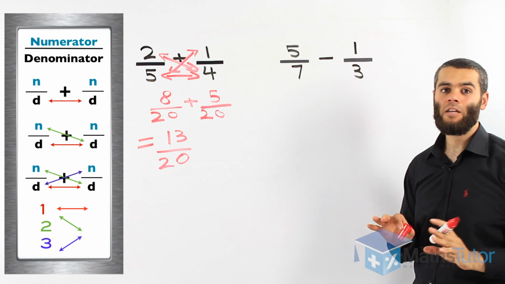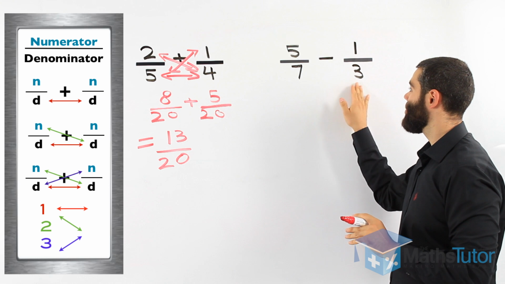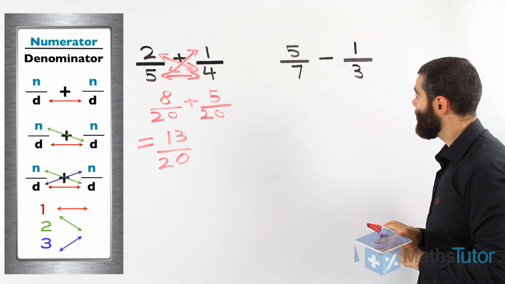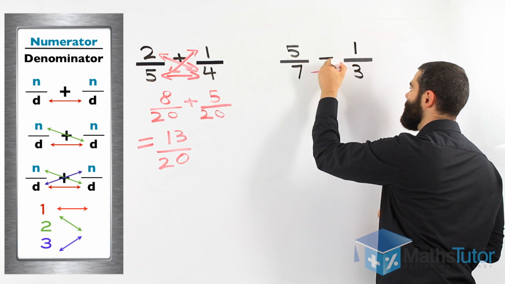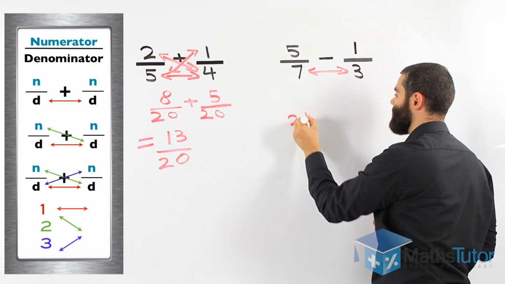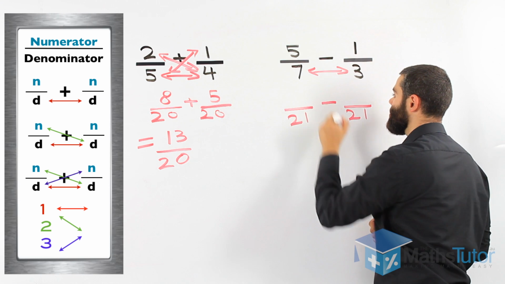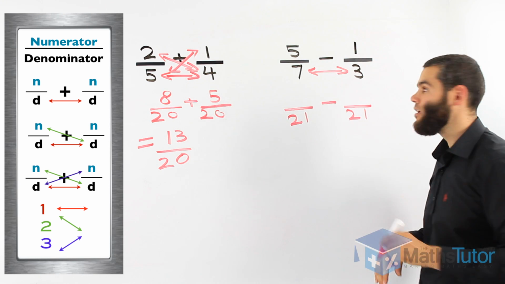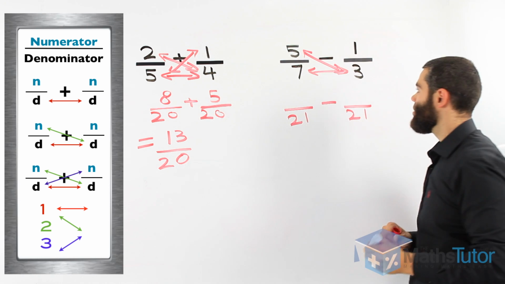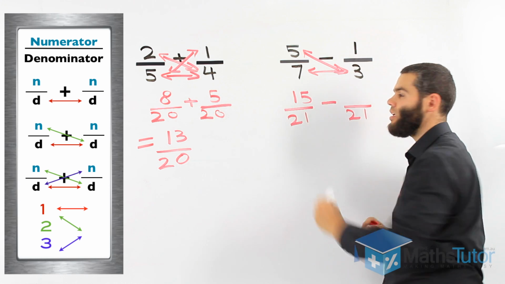Subtraction, same concept. We can't take away unless we have common denominators. Here they are different. Well, let's follow. First step, as marked in the red arrow, we multiply the denominators to get a common denominator. 3 times 7 is 21. That's done. Then the numerator times the second denominator. 5 times 3, 15.